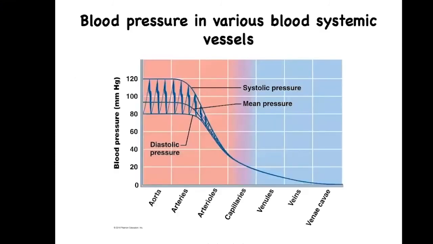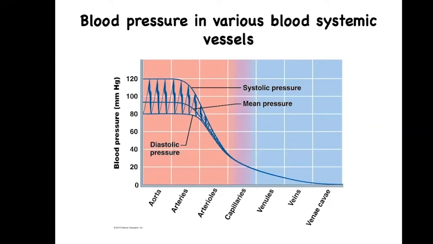So let's look at this. This figure illustrates blood pressure in various vessels within the systemic circuit. Let's start with the aorta. Notice that there is a big difference here between systole or systolic pressure and diastolic pressure. And the mean pressure is not exactly in the middle or the average, but it is pretty close to it.